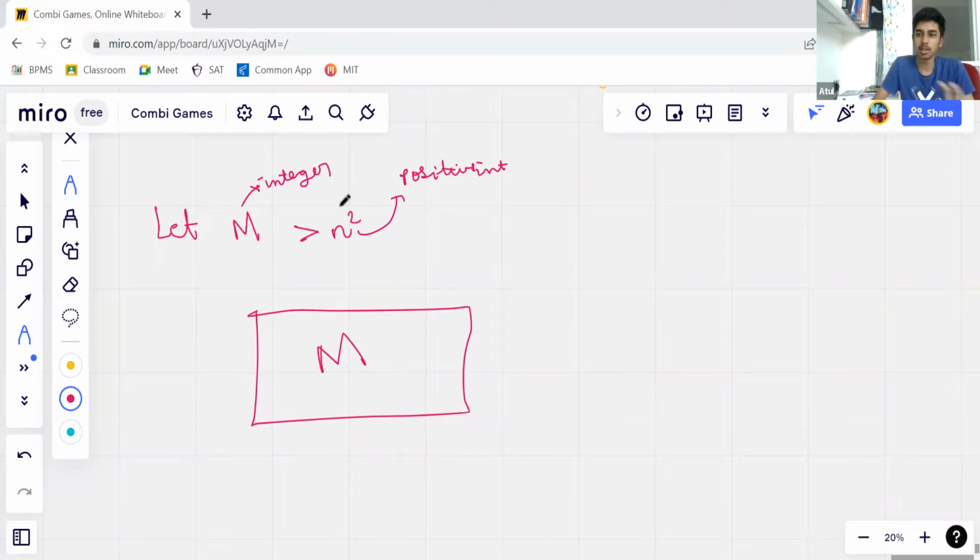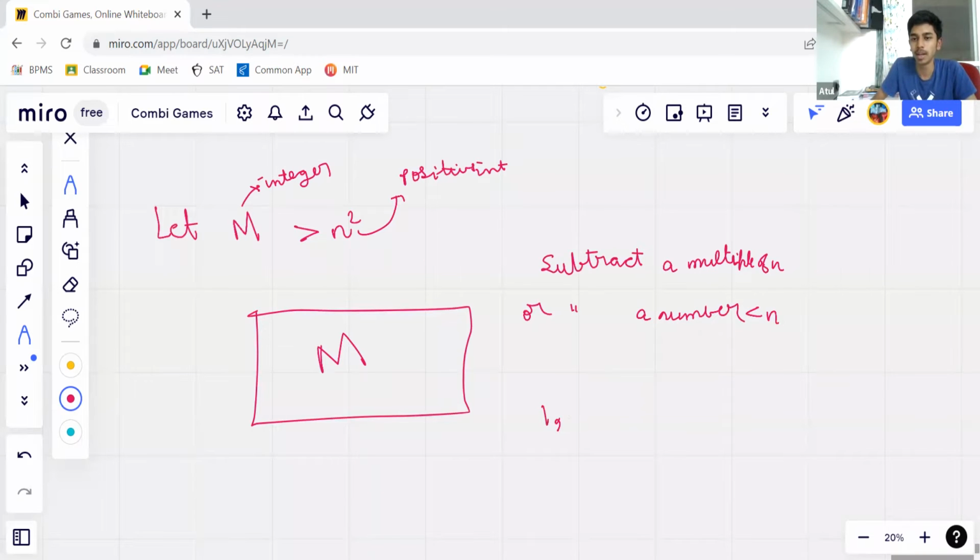On your turn, from the current written number on the board, you can subtract a multiple of n or you can subtract a number less than n. So essentially you can subtract any number of the form 1 till n, then 2n, 3n, 4n, and so on. And the aim of the game is to reach 0.